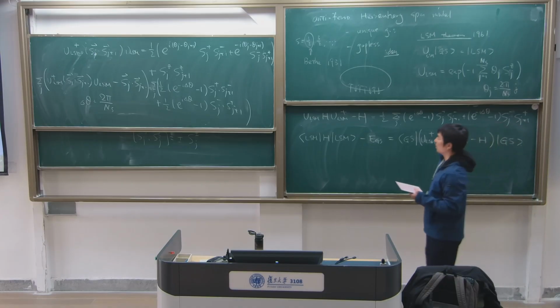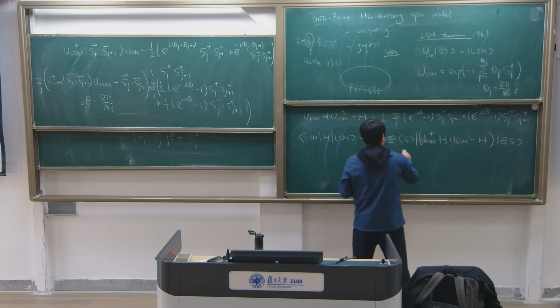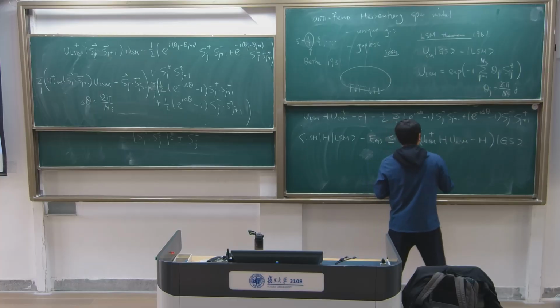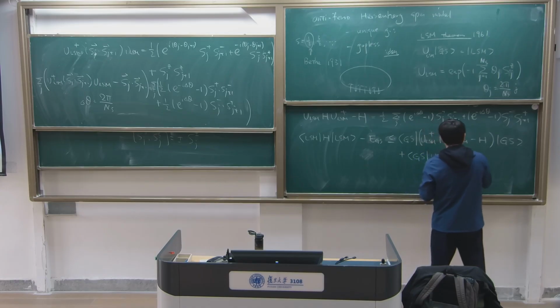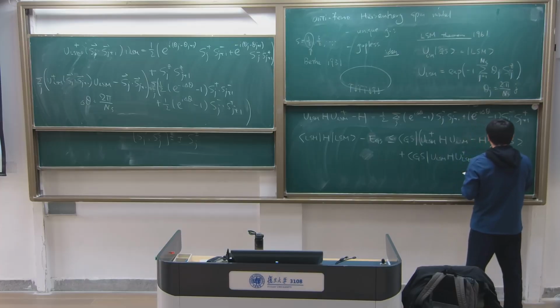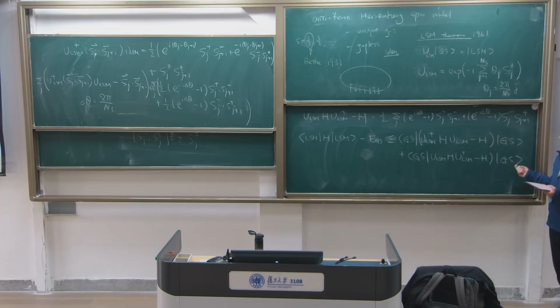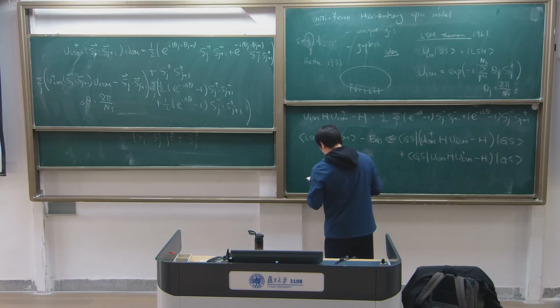But to make it a bit more transparent, you just add this one and then this one. It's a unitary, so you have the LSM H and the double LSM minus H, and if you add this term, the right-hand side should be bigger, or at most zero if it is zero.